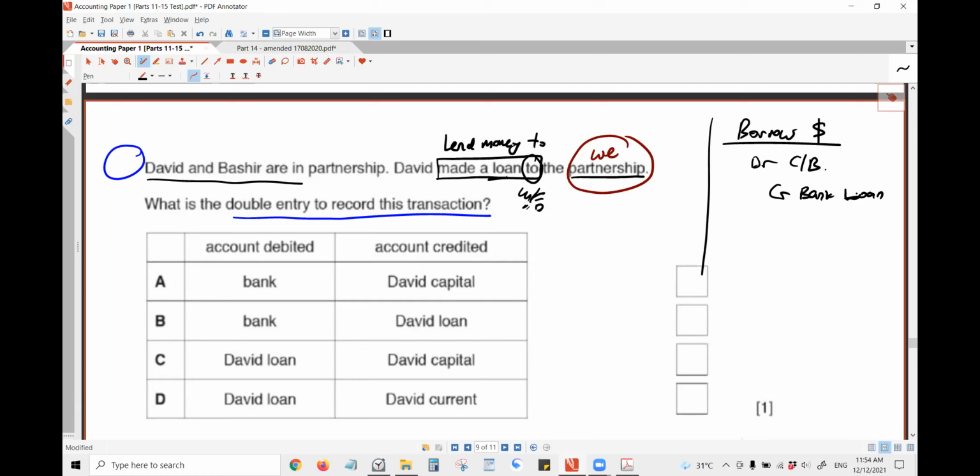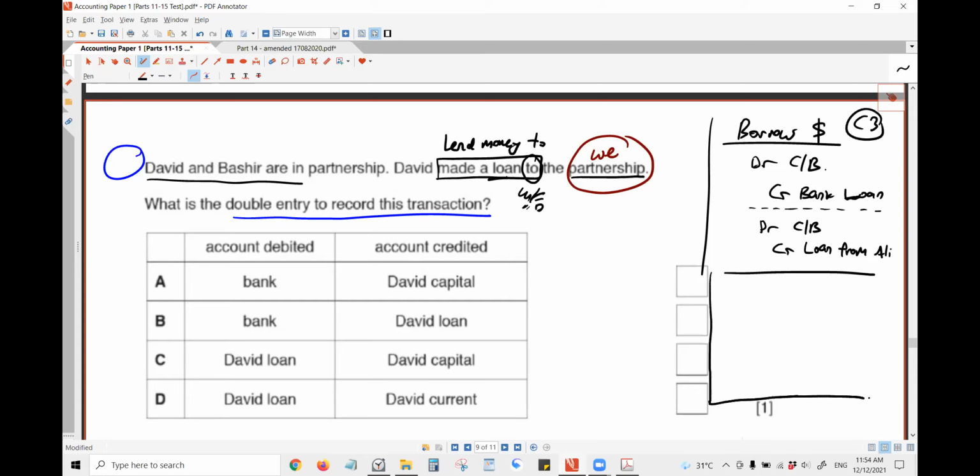If you borrow from maybe Ali, you will have one item known as loan from Ali. So these are the double entries for borrowing money. You receive money, so you should debit either cash or bank. This is what you learn in chapter 3.